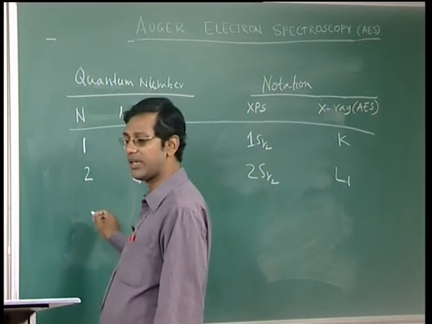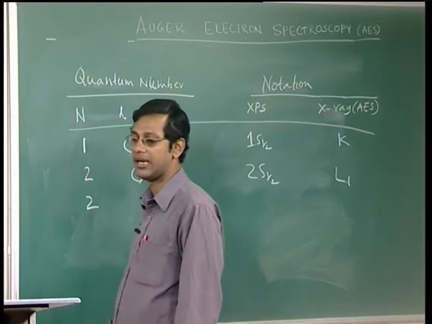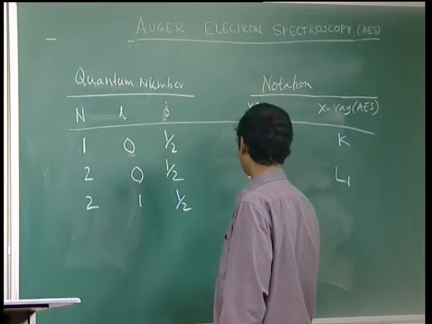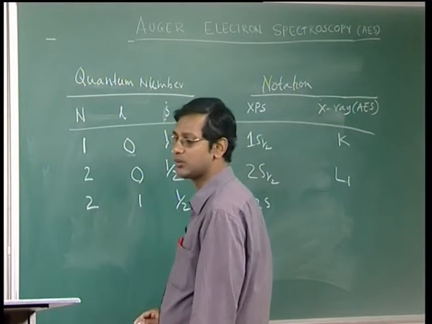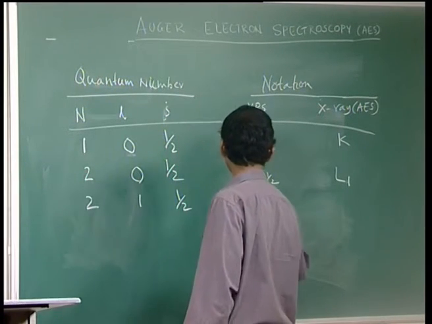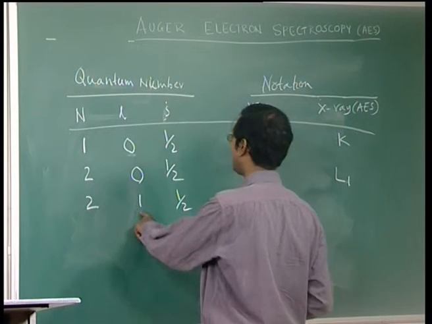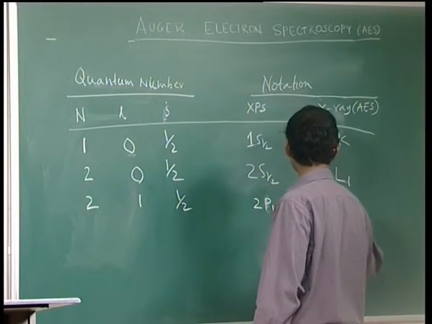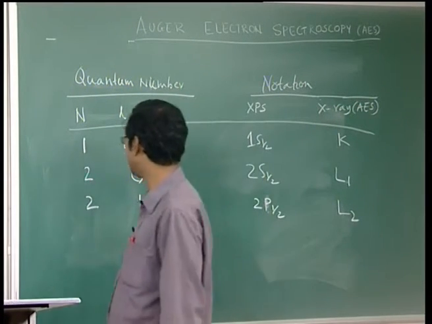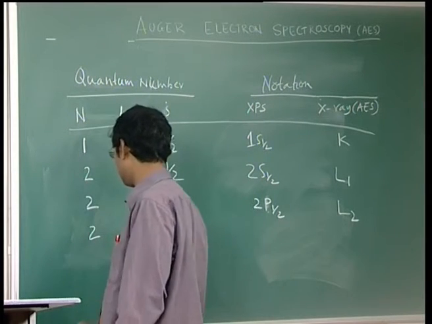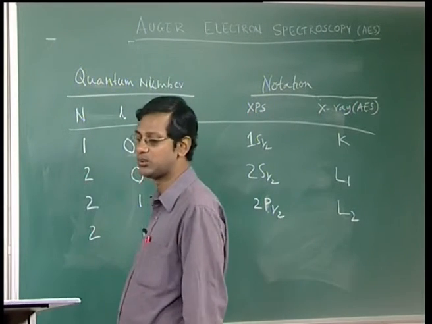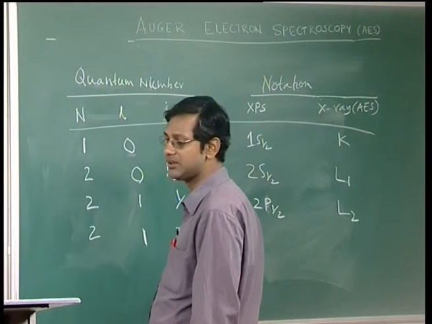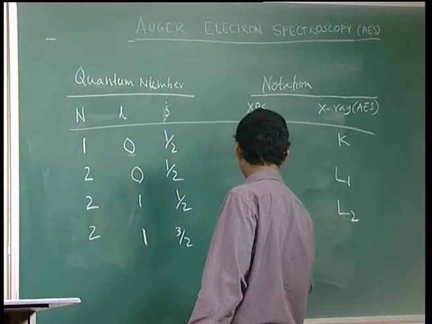So suppose again quantum number 2 and 1, and half here. So this will be 2p half basically, because l is 1, 2p half, and this will be L2, yes L2. And then if we use 2 1 and 3 by 2, 3 by 2 is 1 plus half, this will be 2p 3 by 2.